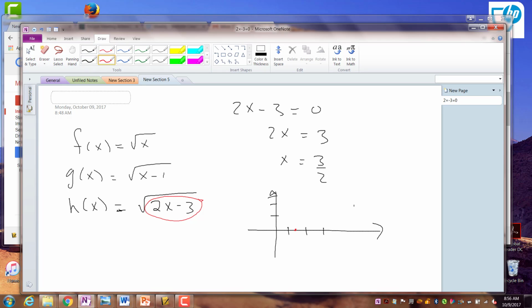It's going to have that same pattern. It's going to go off like that. I'm just talking about sketches. What's the domain of this? x such that x is greater than or equal to 3 halves.